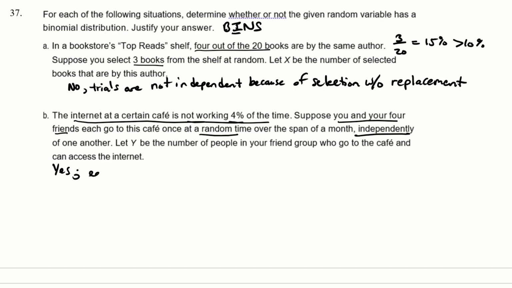Each trial is binary: can access the internet or not. Okay, so they're binary. We mentioned independent.